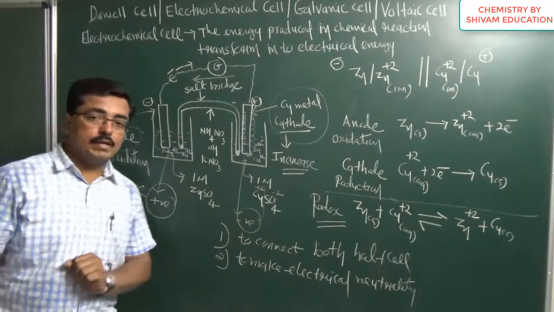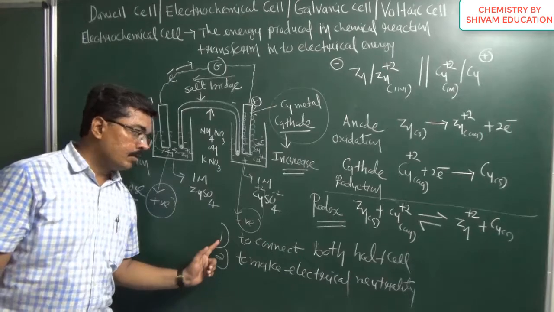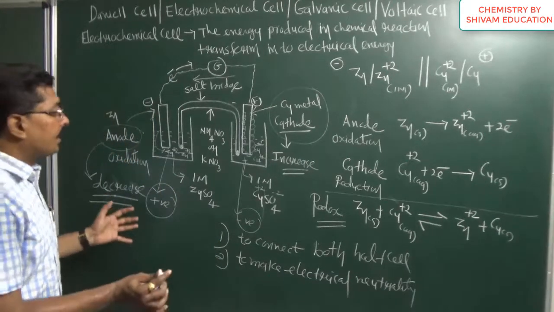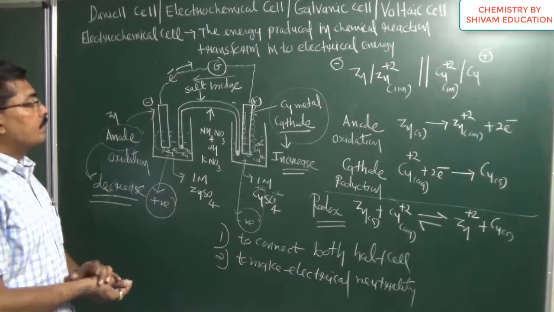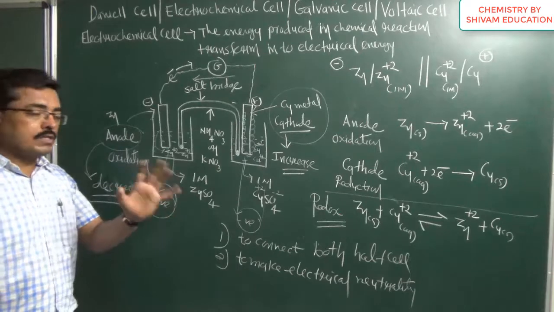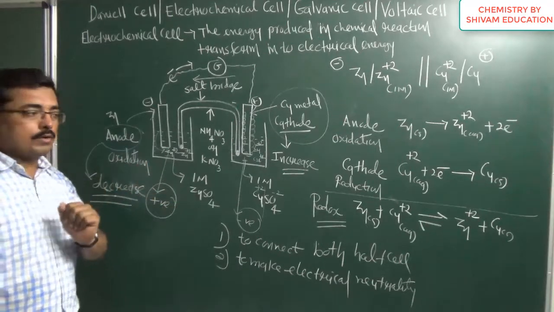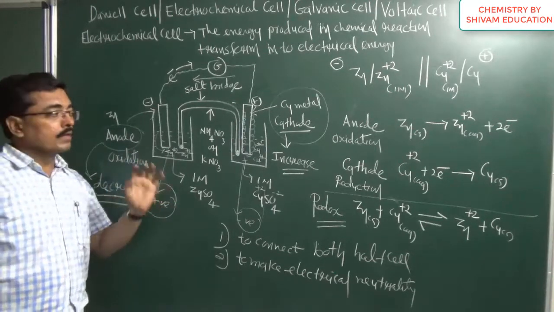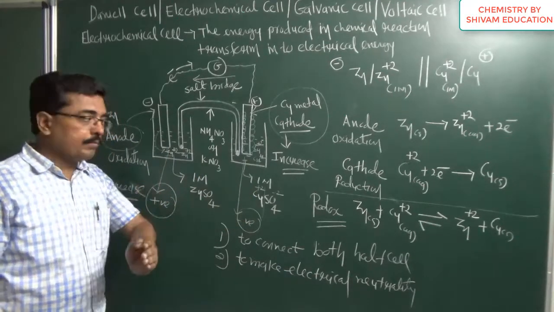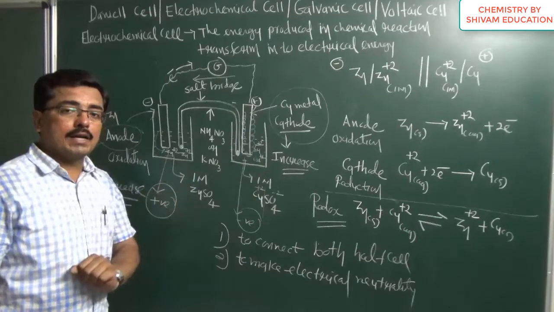Now the salt bridge has two functions: to connect both half cells, and second, to make electrical neutrality. When we connect both half cells, it is observed that the zinc electrode has more oxidation potential and less reduction potential, so it will act as an anode. The copper electrode has more reduction potential and less oxidation potential, therefore it will act as a cathode.